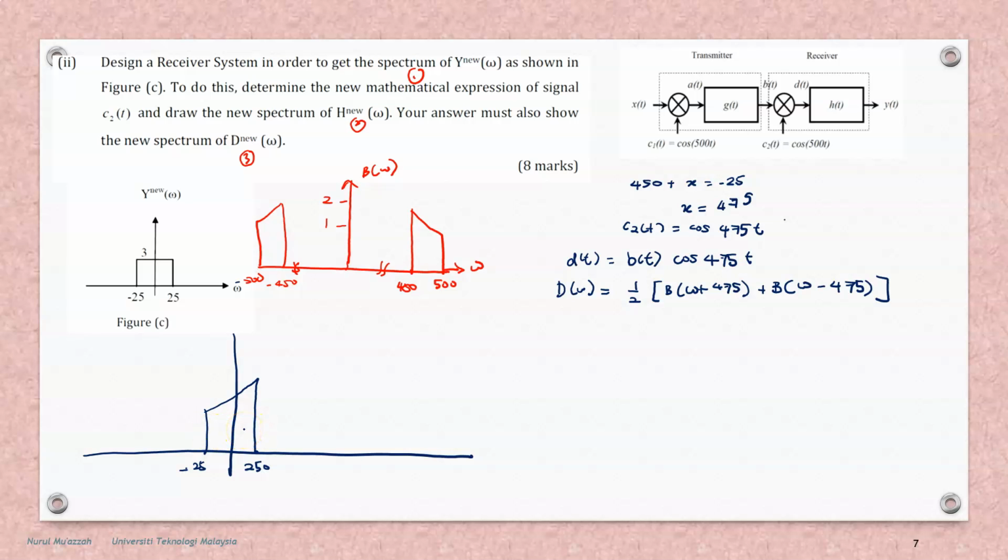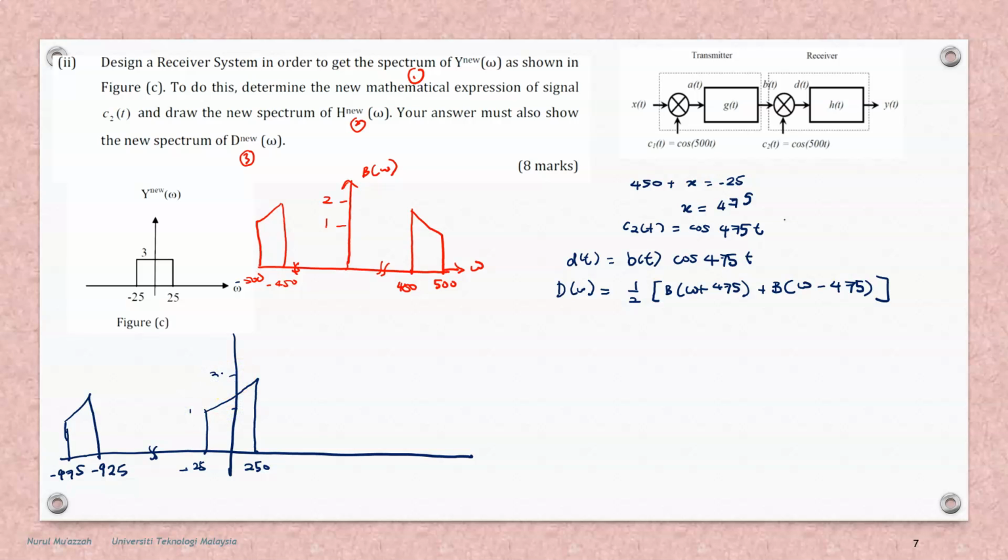Then for another one, this component also, you subtract negative 475 to show the shift to the left, or to the negative part. So it becomes something like this, from 975 to 925. The amplitude here will be 1 and also 2.